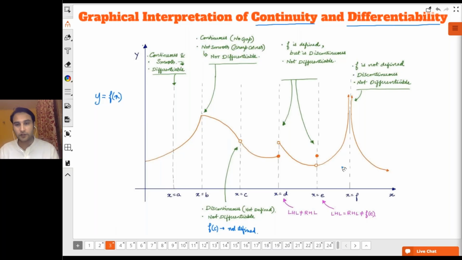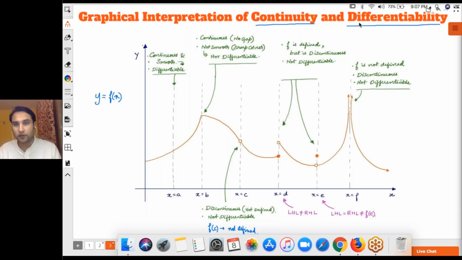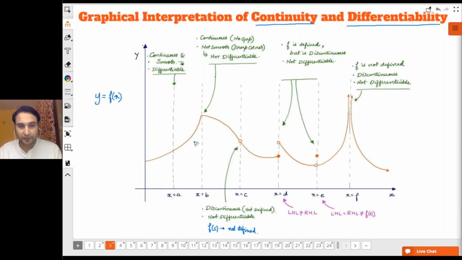So this is the graph that we will be learning today. And based on that, we'll be solving lots of problems. So now look here. This is the hole in the graph. Wherever there is a hole in the graph, the function is discontinuous there. And wherever the function breaks, see, the function broke here.